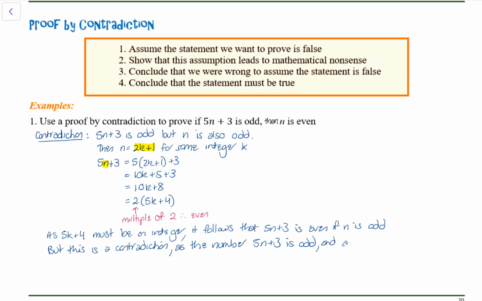Okay? And a number cannot be both even and odd. Therefore, the number n cannot be odd, so it must be even.